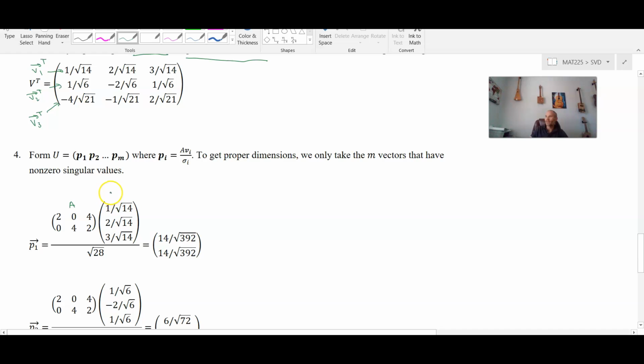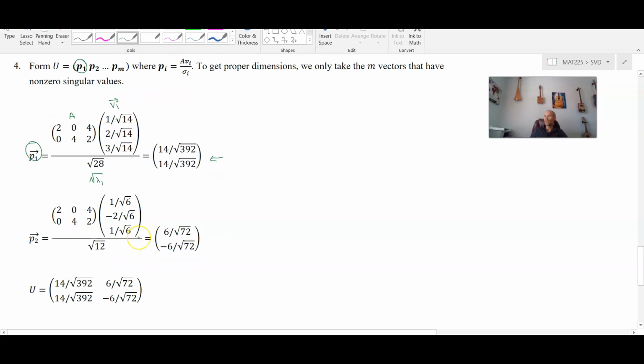This right here is going to be V1. You can see here, first row of V transpose. I multiply those together, and then I divide by the corresponding sigma i, the square root of the eigenvalue, this is the square root of lambda 1, square root of 28. And I end up with this vector here. That's going to be my P1 vector in that matrix.